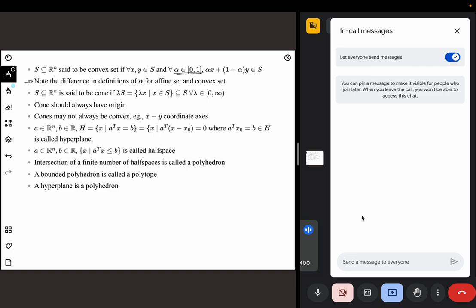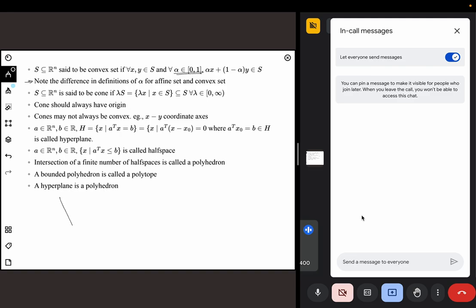The next definition is a cone. You call a particular set a cone if you take each and every element from the set and scale it with a non-negative scalar lambda, and that new element also belongs to S. It's just like the physical cone.